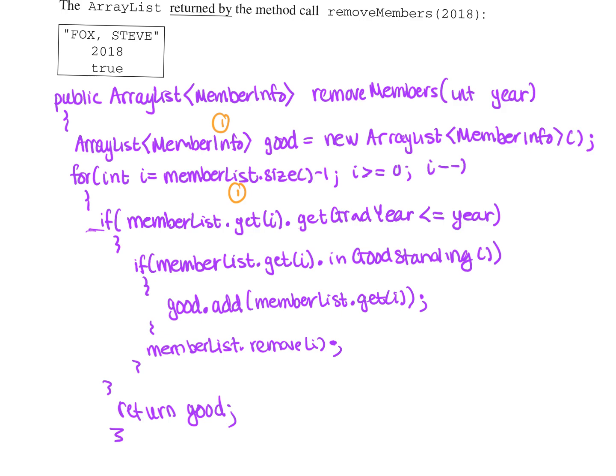Did you call get grad year and in good standing on a member list object? Third point comes from, did you distinguish between the cases? Next point, did you identify the graduation year? And the last point, did you return the correct amount?